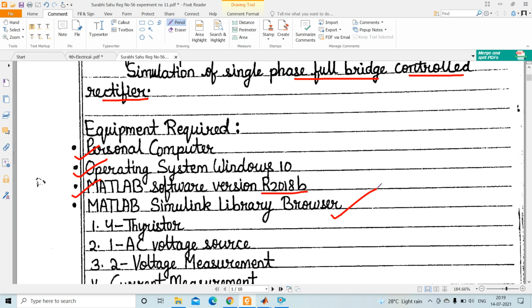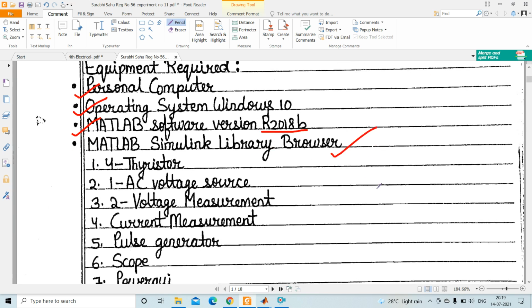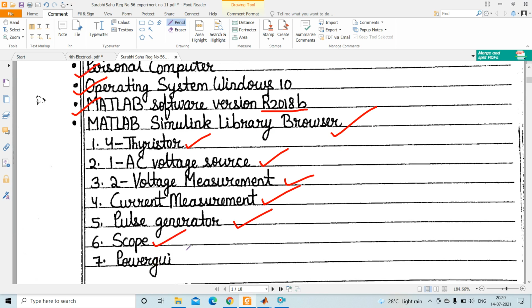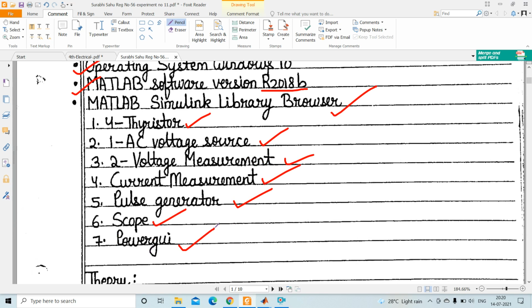Under this library browser we are using 4 thyristors, 1 AC voltage source, 2 voltage measurements, 1 current measurement block, 2 pulse generator blocks, 1 scope and 1 power GUI. These are all available in the MATLAB Simulink library browser.